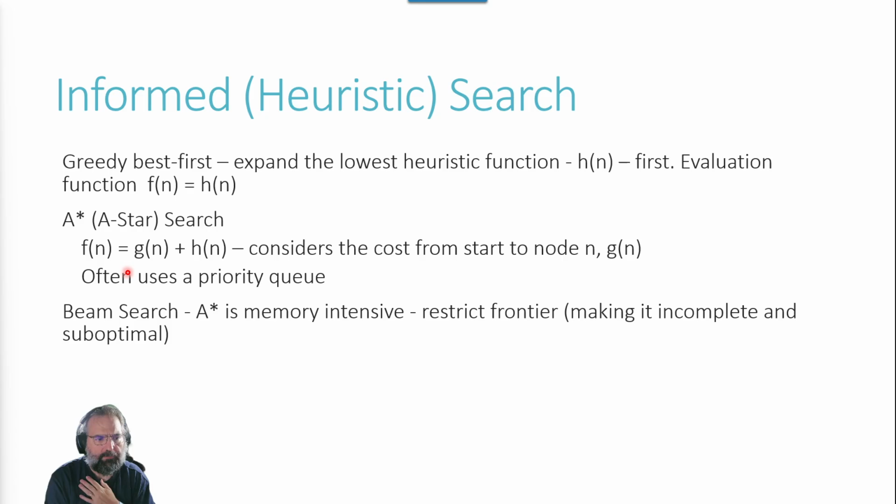An A* search considers the cost from the start of a node, essentially downward. It uses a priority queue as a way of doing that. Beam search is an alternative because A* search is memory intensive. We restrict the frontier, making it incomplete and suboptimal, but in doing so, trading off the memory requirements of the other approaches.